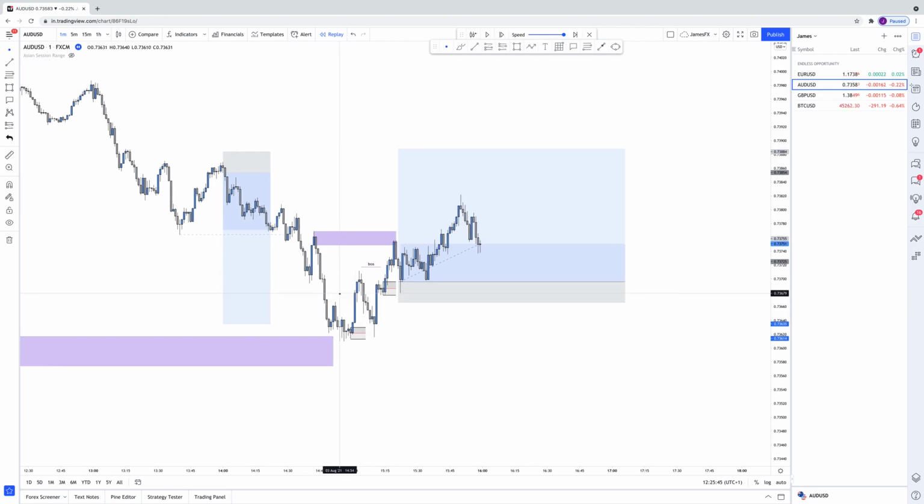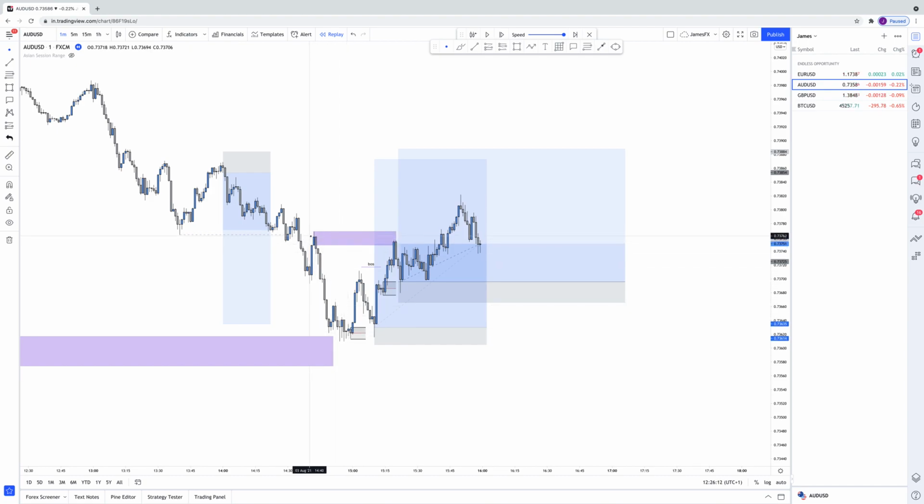Okay, so I didn't take this entry down here, but the reason why this is classed aggressive, in my opinion, is because we have a lower low and we have a lower high. Price pulls back, comes down, and it closes below, but it's not really a convincing swing point. Bearish order flow is still intact.